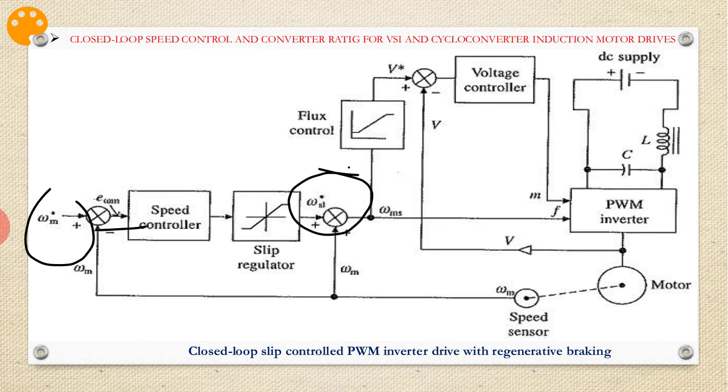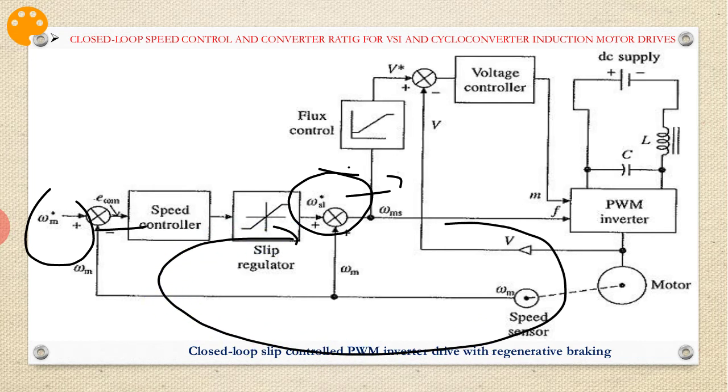The drive accelerates at the maximum permissible inverter current, producing the maximum available torque until the speed error is reduced to a small value. It goes on in closed loop, checking and reducing the error.